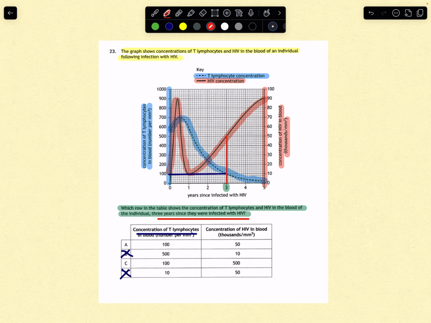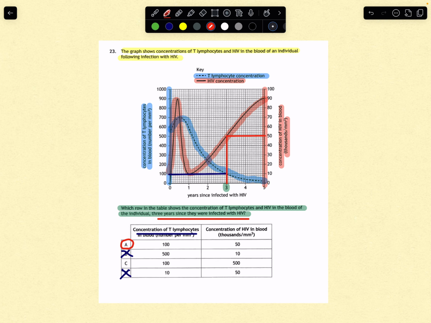Okay, and then we don't go to the left, we don't go to the blue side, we're only dealing with the red part of the graph. So go into the red scale, we'll go over here, and you'll see that it hits perfectly on 50. Okay, so with that in mind, the answer to this question is going to be A.